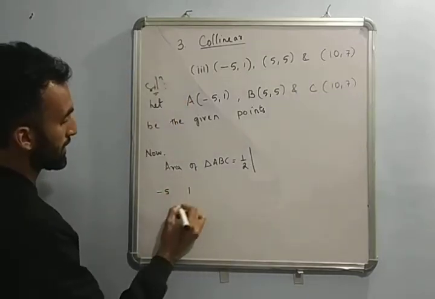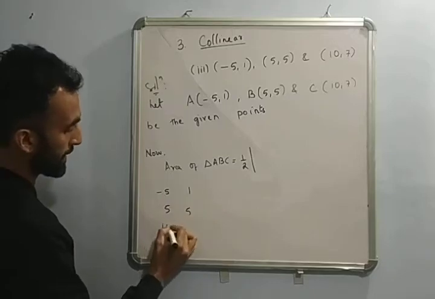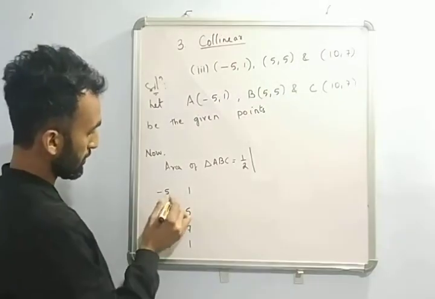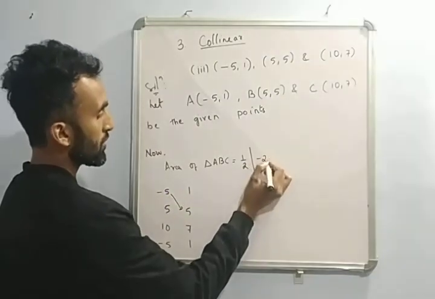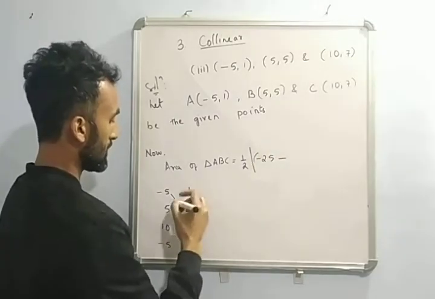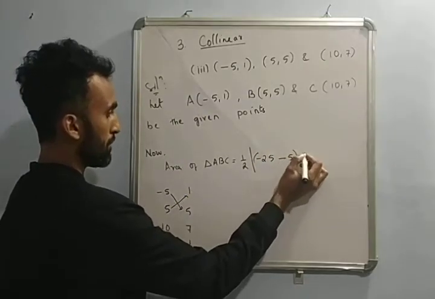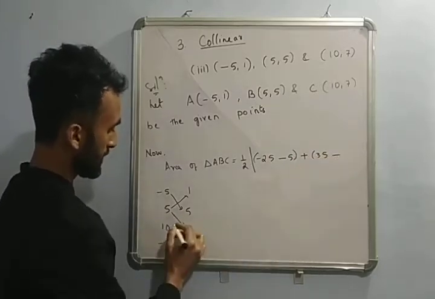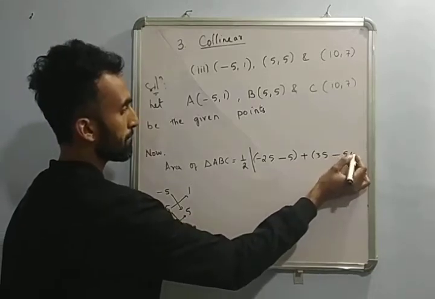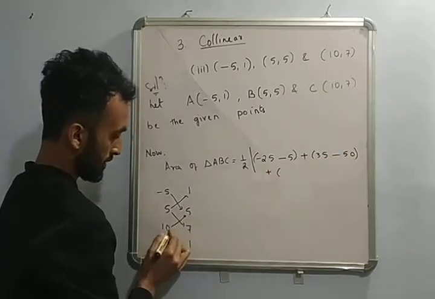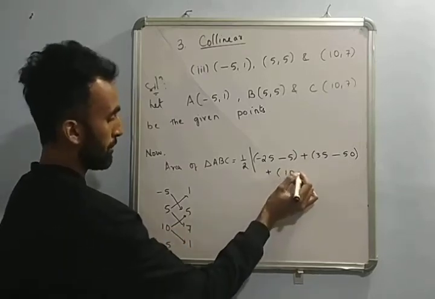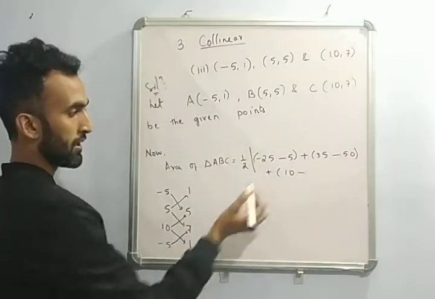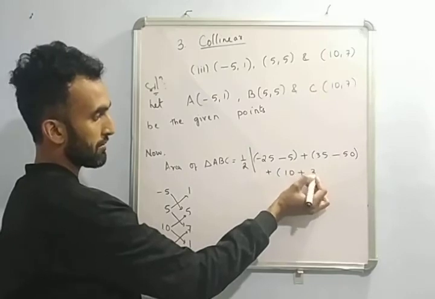Minus 5, 1, 5, 5, 10, 7, minus 5, 1. So minus 5 into 5 is minus 25. Subtract 5 ones are 5. Plus 5 sevens are 35. Minus 10 fives are 50. Plus 10 ones are 10. Minus 5 into 7 is minus 35. So this is already minus, it will become plus 35 here.